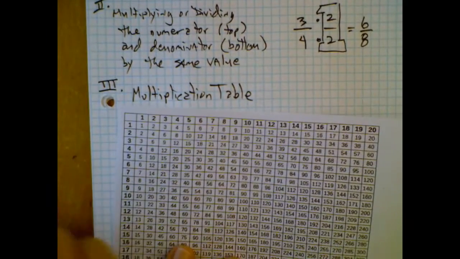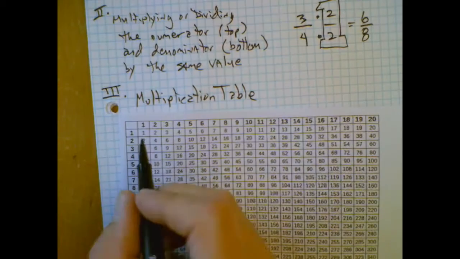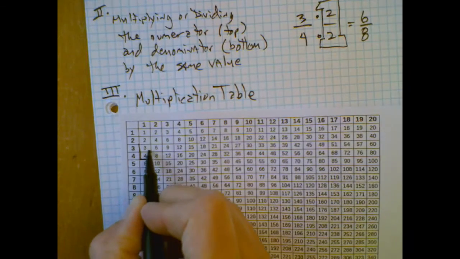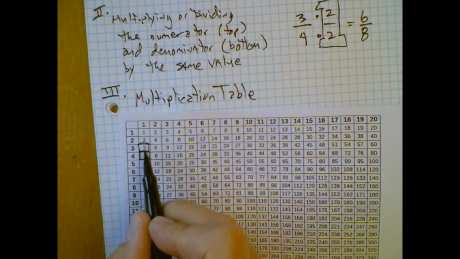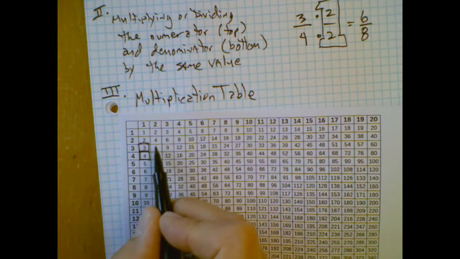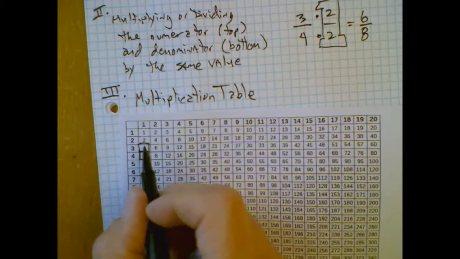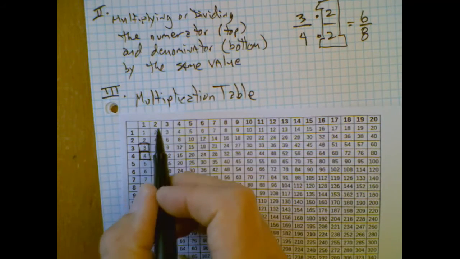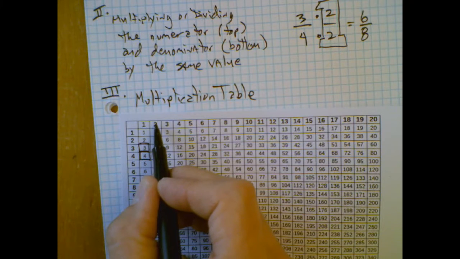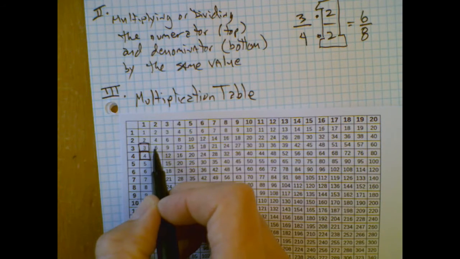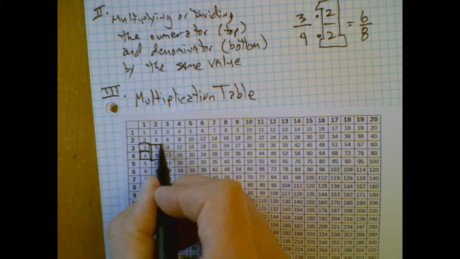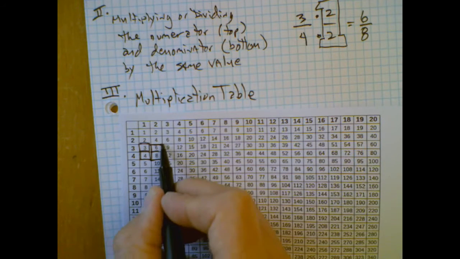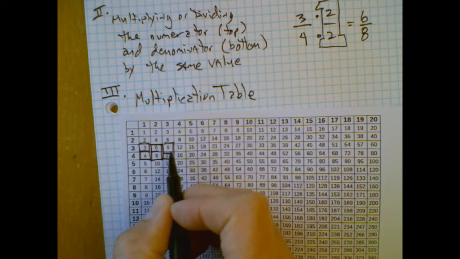And we observed that when we had a fraction like 3/4, all we simply have to do is, if we go over the same amount and we multiply top and bottom by the value at the top of the multiplication table, so 3 times 2 is 6, and 4 times 2 is 8, we get an equivalent fraction.